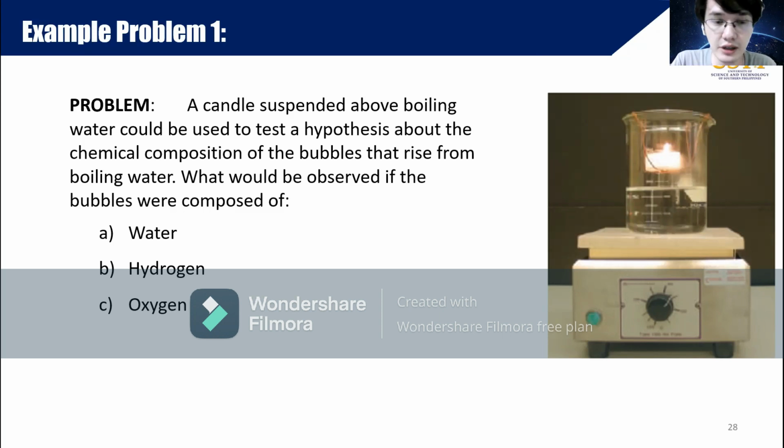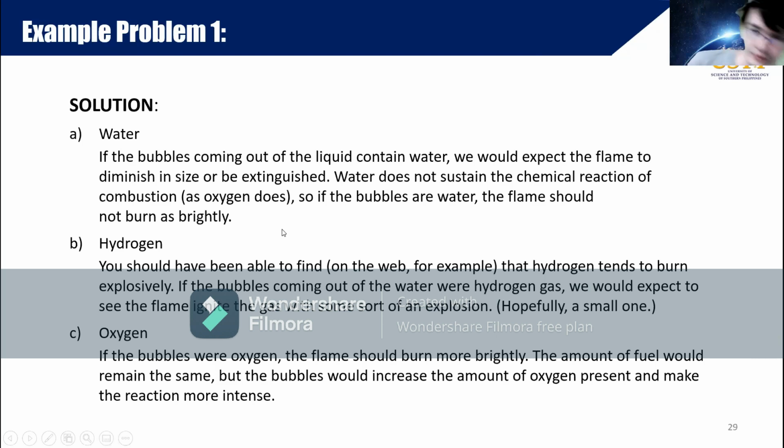If hydrogen were the composition of the bubbles, the fire will continue to burn, because hydrogen is flammable, it burns with oxygen. And if it is oxygen, it will not be extinguished. Again, oxygen is important to maintain the fire. So that is the answer essentially.